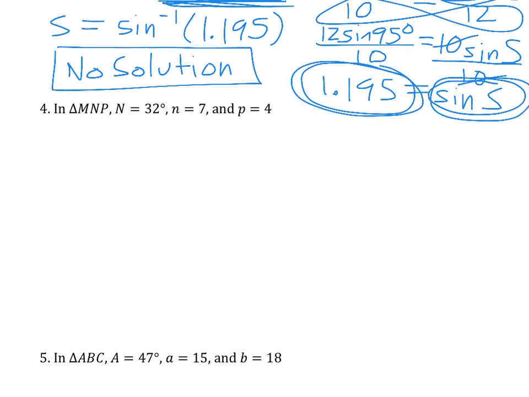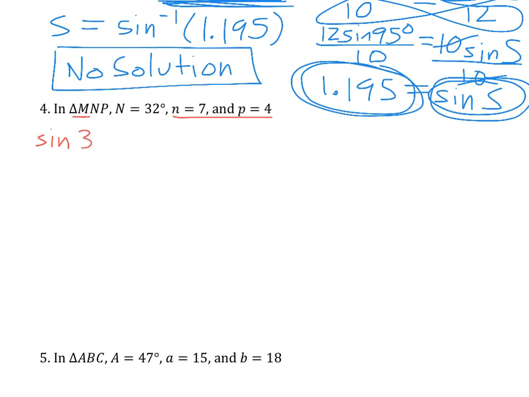Alright, so again, on number 4, we have SSA. We know it's not side angle side because the angle in between N and P would be a different letter. It would be M. Alright, so we're going to start with the law of sines. Sine of, and what letter do we have both of?